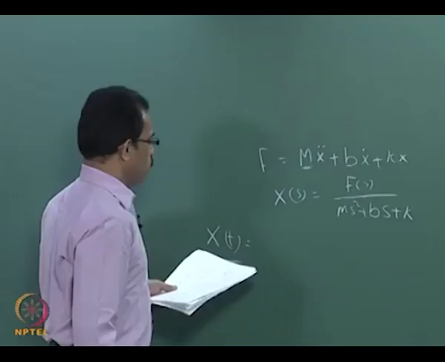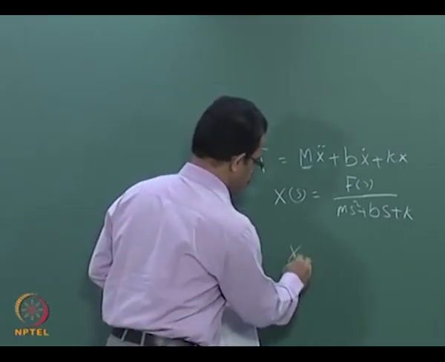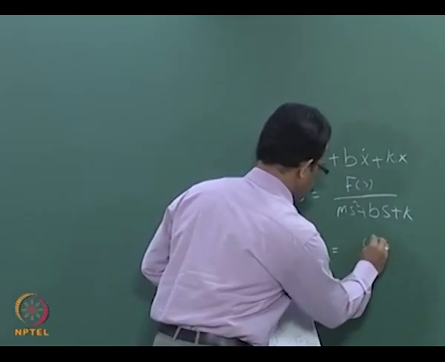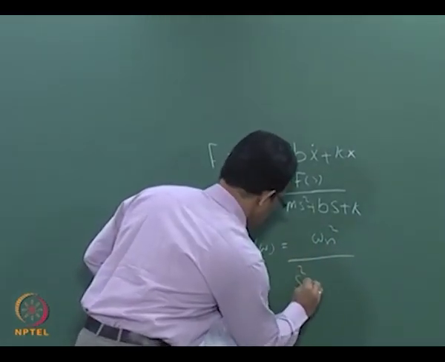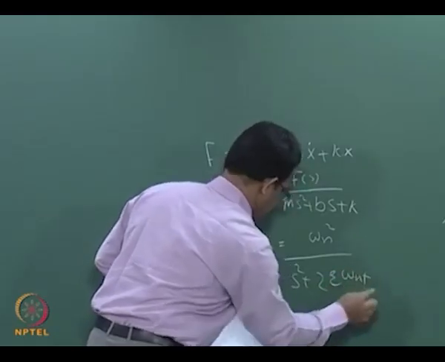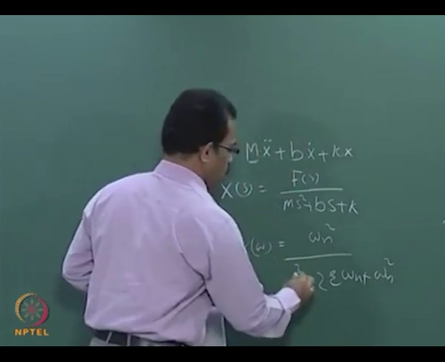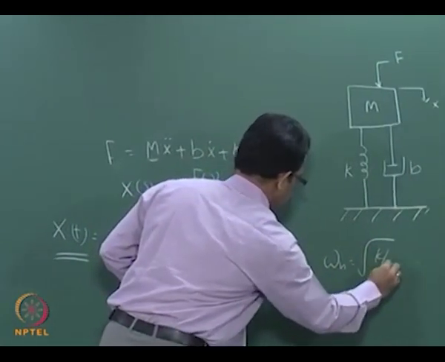We can solve this using standard mathematical formulas, or put it in the frequency domain form X(omega) equal to omega n square divided by s square plus 2 zeta omega n s plus omega n square, where omega n is the natural frequency, given as the square root of k by m.